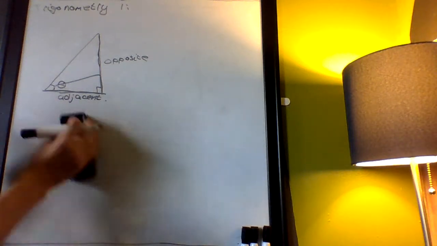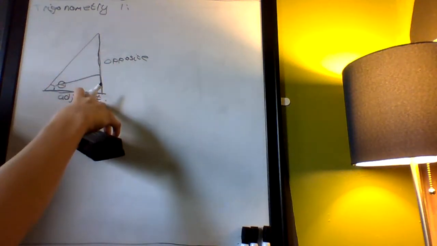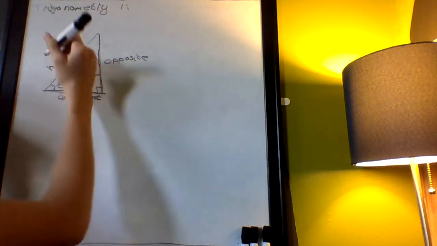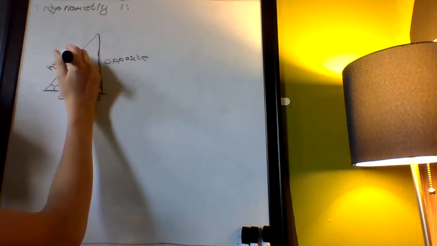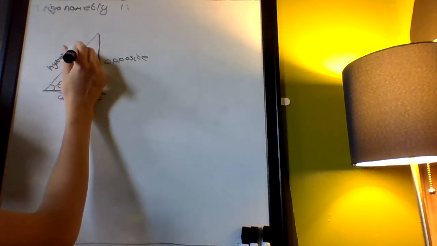So this is adjacent to this angle because it's right next to it. This right here is the hypotenuse of the right angle triangle.